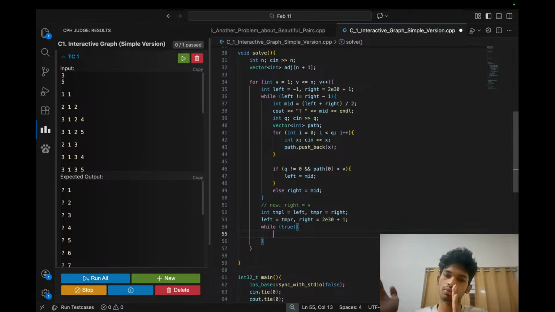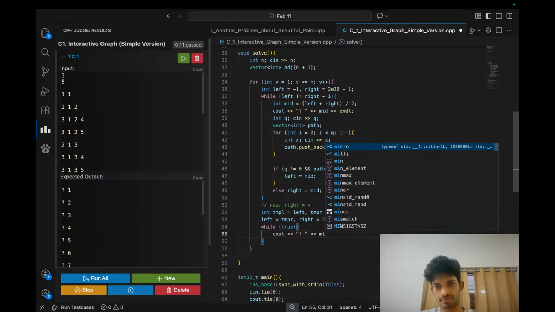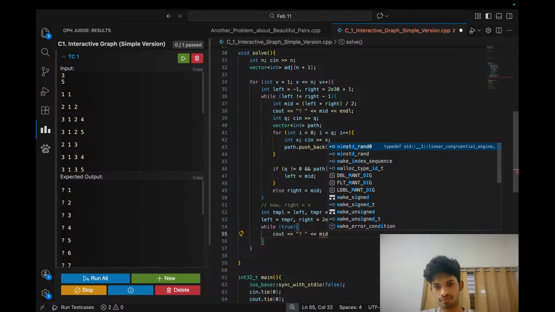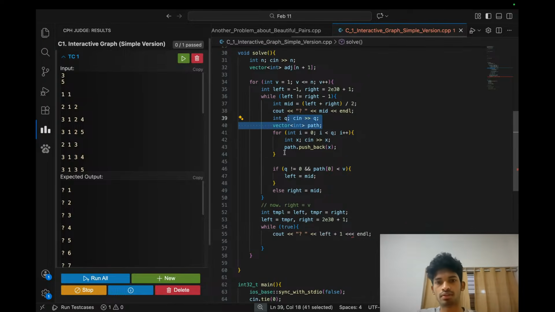While true, what do we do? We'll check left plus 1, let's say. And then you'll get the path.